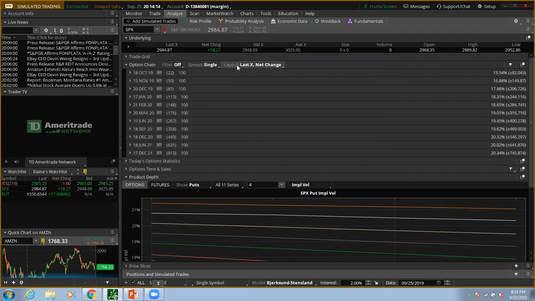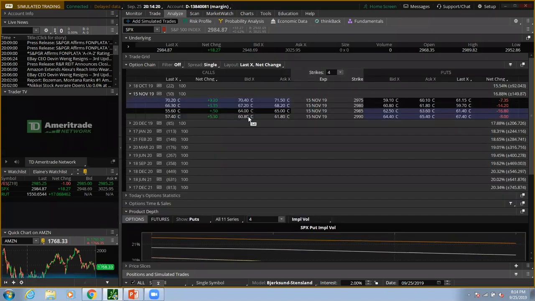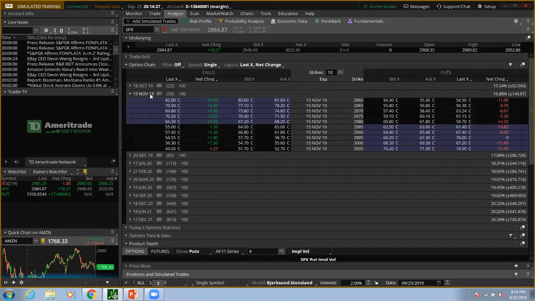I'll show weeklies. I'm just going to do one at 50 days, although normally I would try to go beyond 60, but since I don't know how to turn on my weeklies here, I'm just going to do it at 50 days. And so I'm going to click right here on the at the money, 29.80.